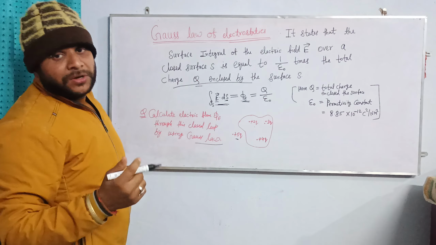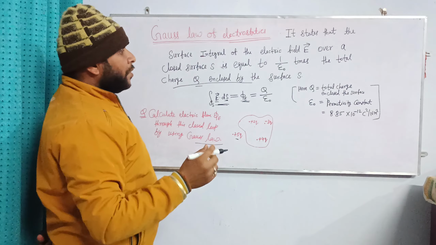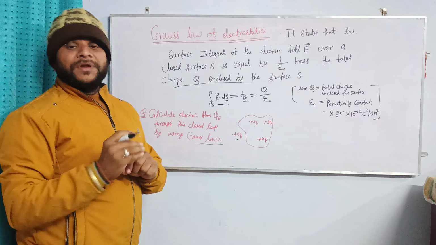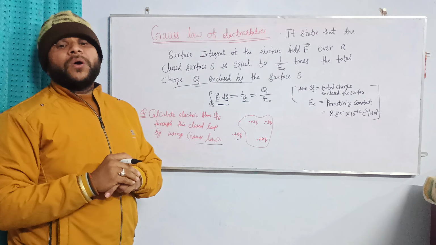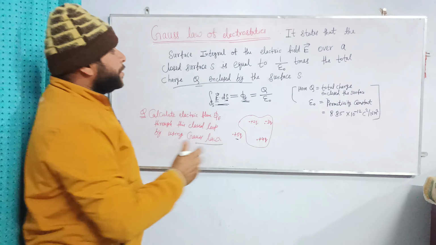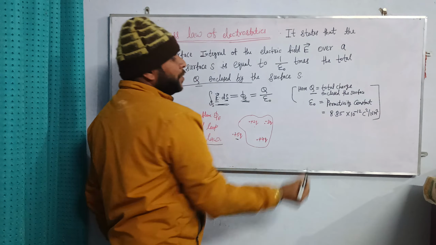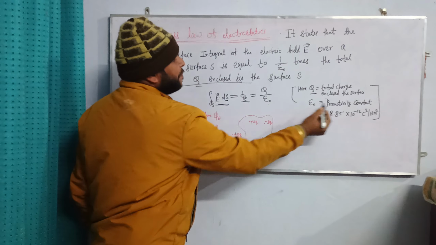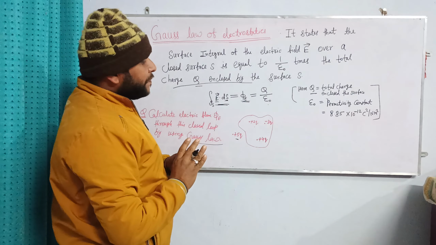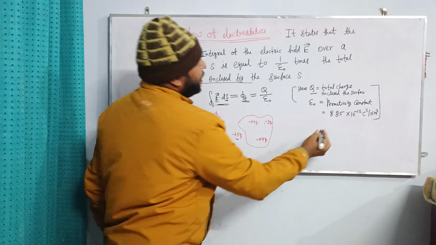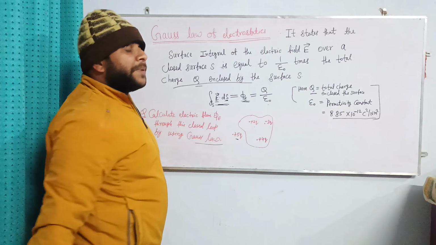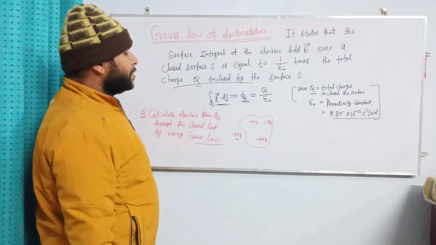If any closed surface is given, and many charges are available, then we will take the algebraic sum of the charges. So we will find Q, and epsilon naught is the permittivity constant. Its value is 8.85 multiplied by 10 to the power minus 12 coulomb square per Newton meter square.